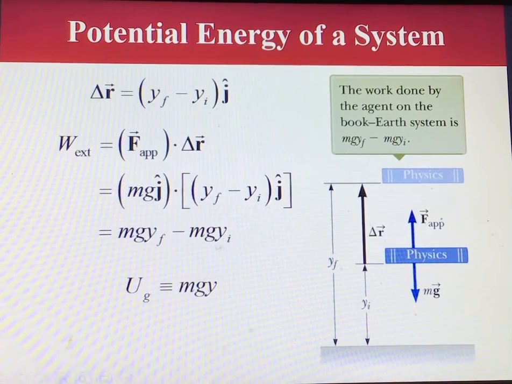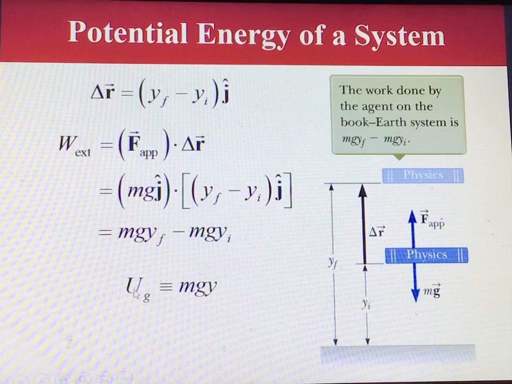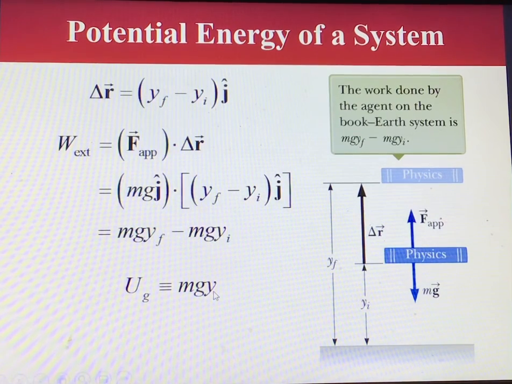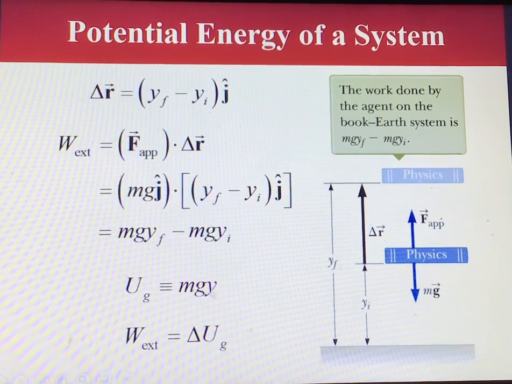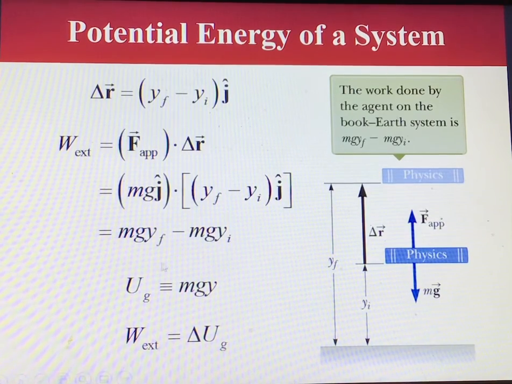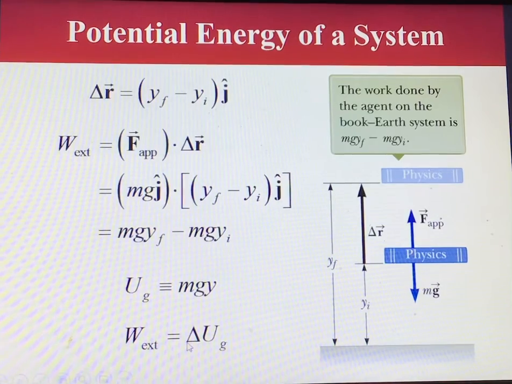So now we can also define a new quantity called the potential energy due to gravity. The potential energy due to gravity is just given by m times g times y. And so in this case, I can say that the work done is just the change in the gravitational potential energy.